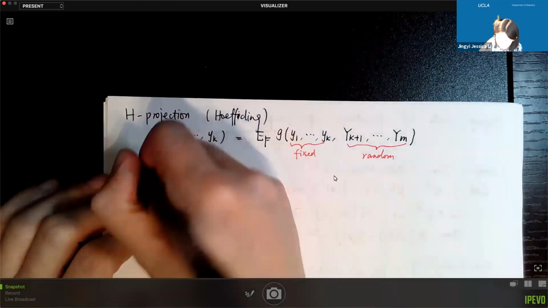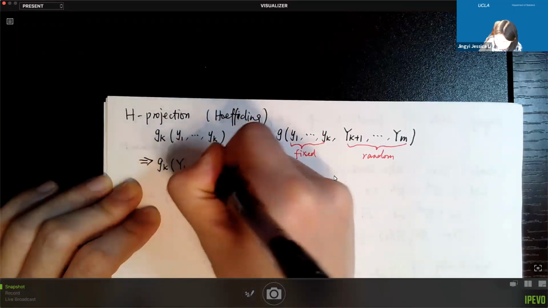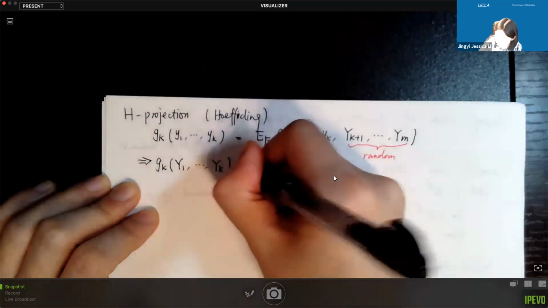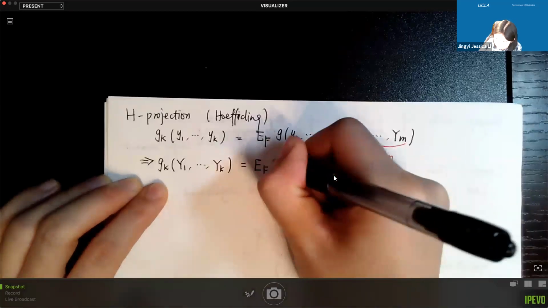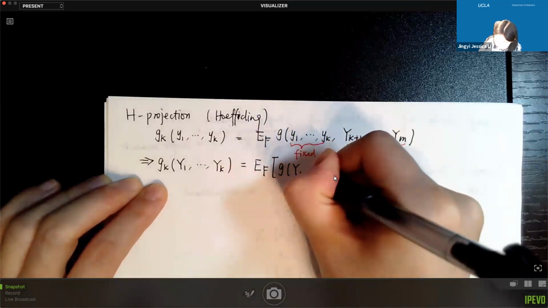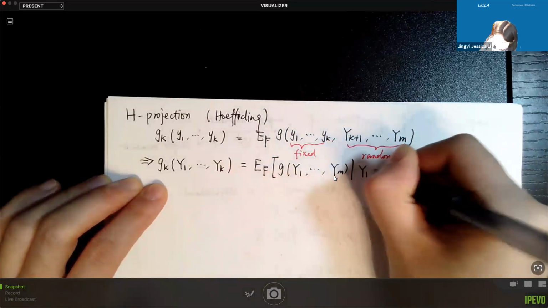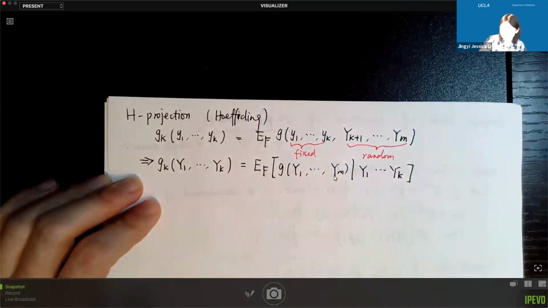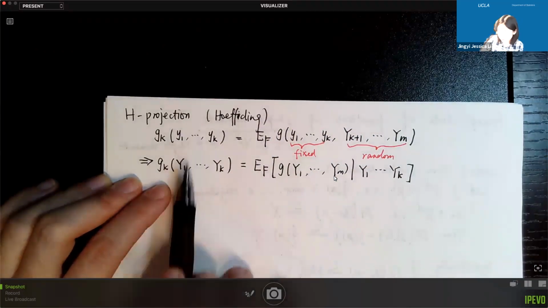If I allow y1 to yk to be random, then in this definition of g_k they are still fixed. So I take the conditional expectation of g of y1 to ym by conditioning on y1 to yk.